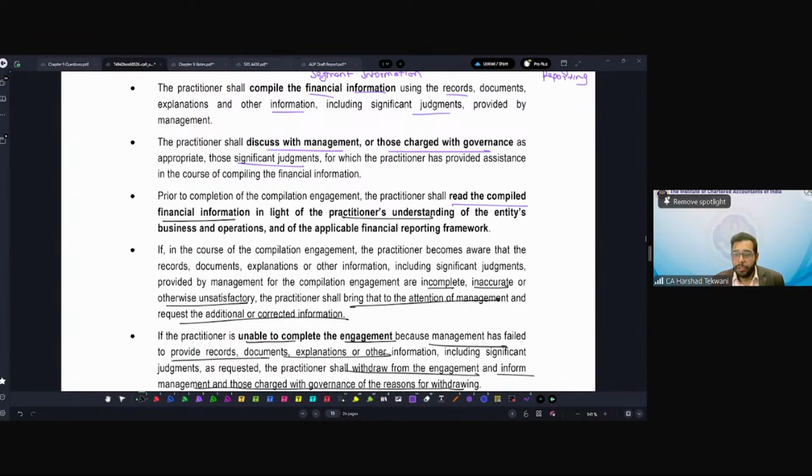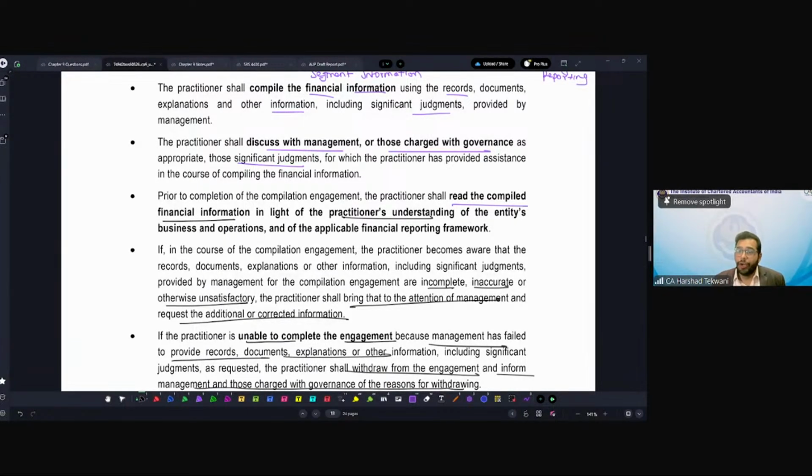Any doubt? Yes, SQC1 is applicable. Because if you read the title of SQC1, it is a quality control standard for all the engagements.